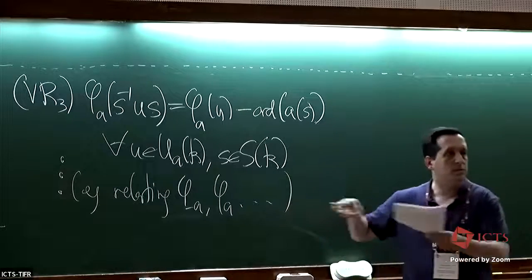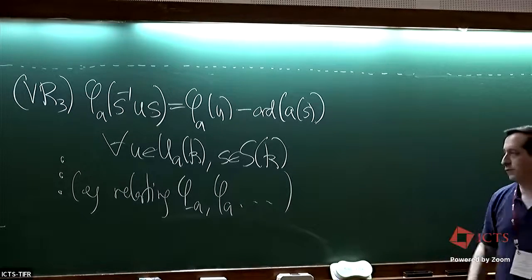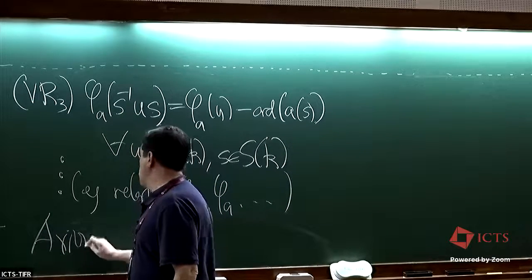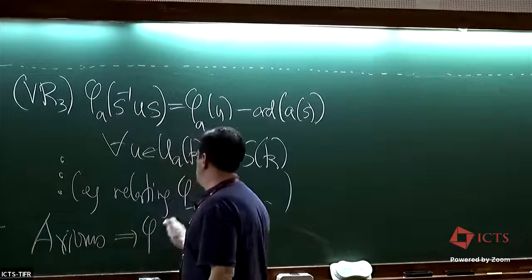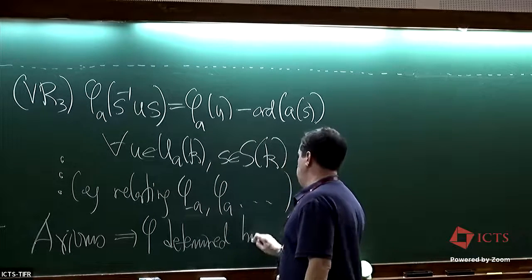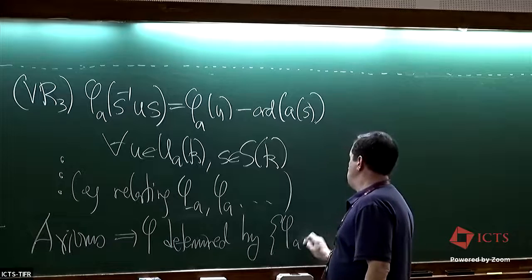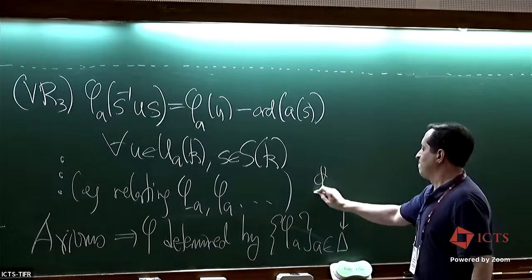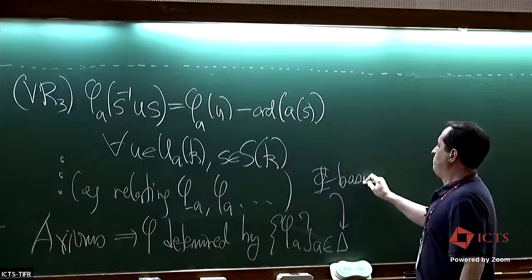There's some axiom about how those are related to each other, whatever form it takes on. Anyway, the full list of axioms has the pleasant consequence that phi is completely determined by the valuations on the roots in a root basis.